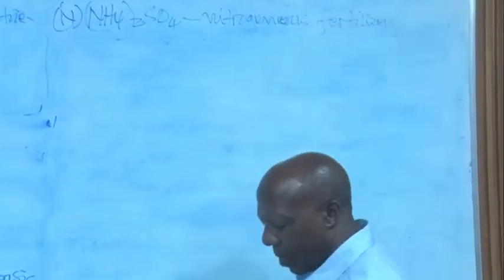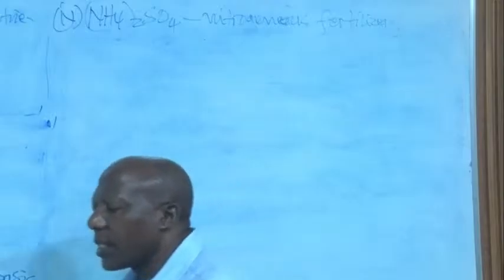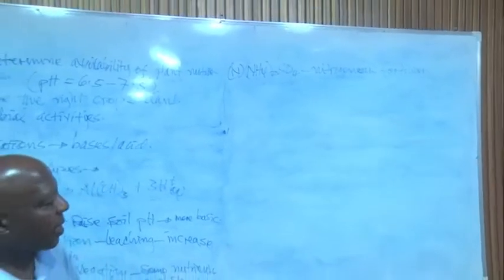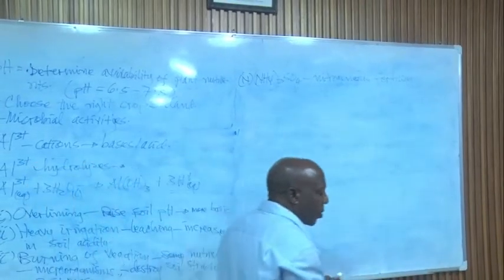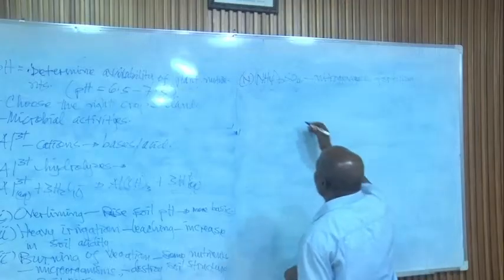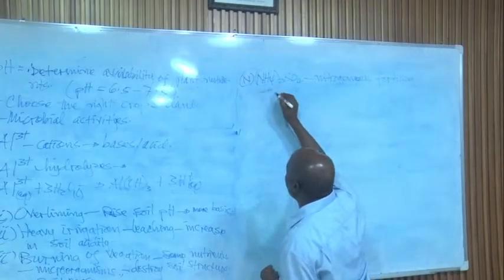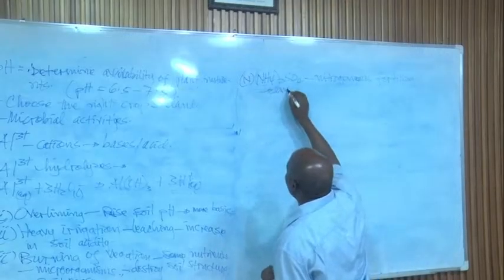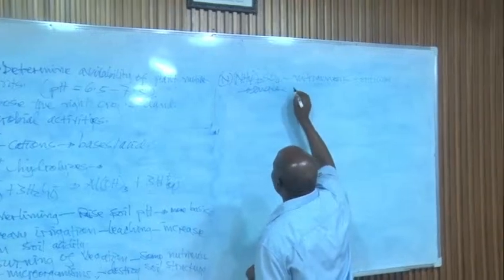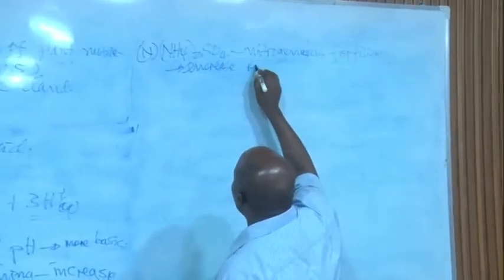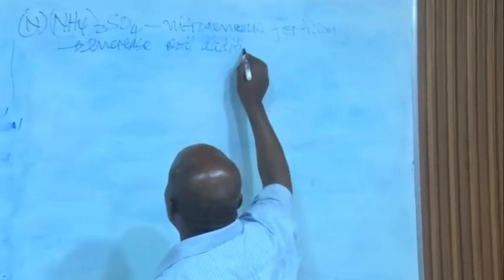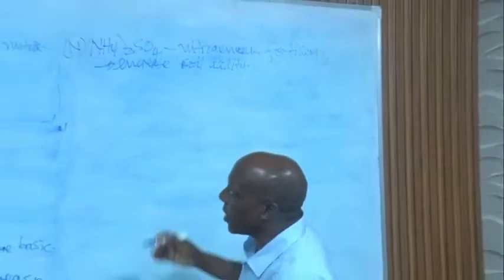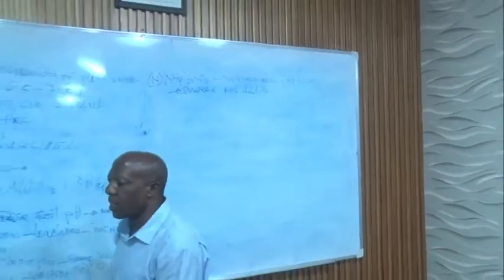Now, if excessive application of ammonium sulfate is done in the soil, then this can result in an increase in soil acidity. So the soil pH will be lowered, so it will go out of the required range.